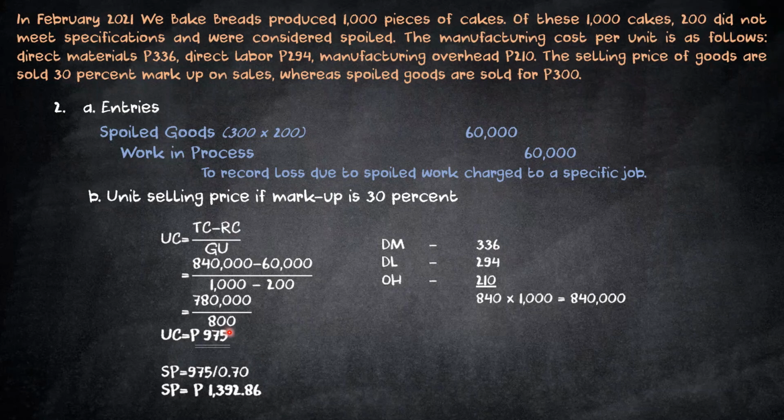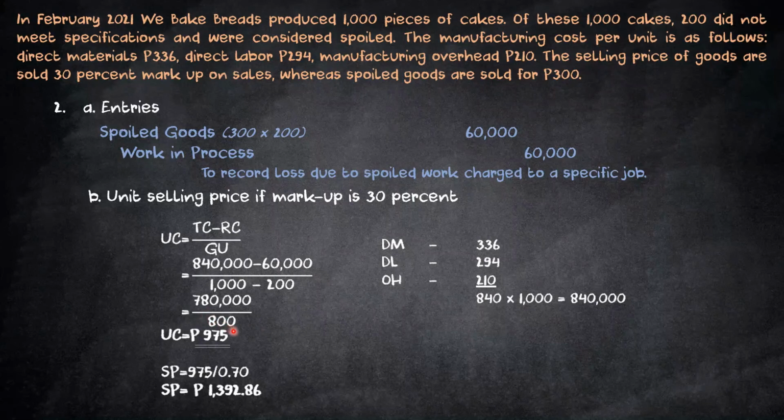So, kung mapapansin nyo po, hindi na siya same sa ating total manufacturing cost per unit na original. So, kapag ang tanong na sa exam ay specific job, syempre, kailangan na po nating mag-compute. And, ang reason din kung bakit tumaas ang ating unit cost is because, di ba, halos nagstay lang ating total manufacturing cost. Pero bumaba po kasi ang ating good units, hindi na 1,000.